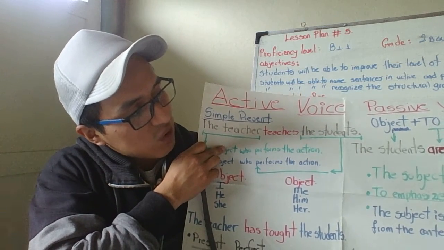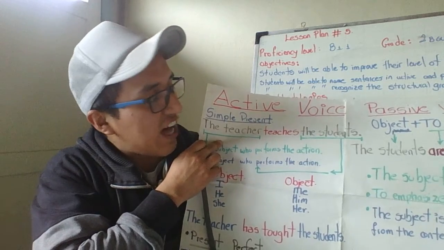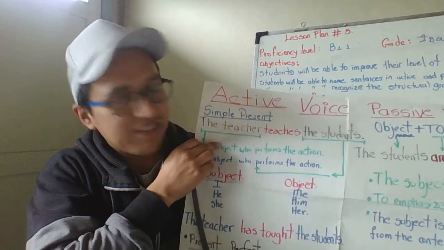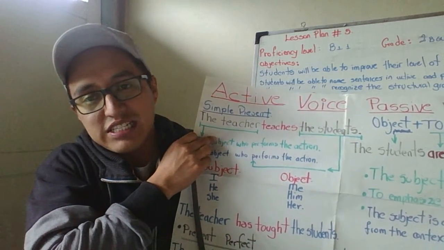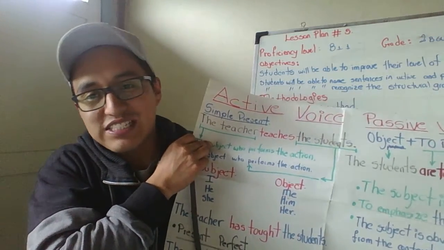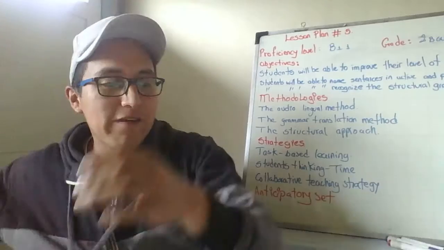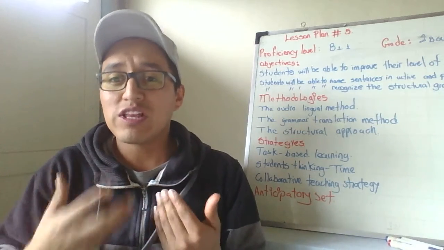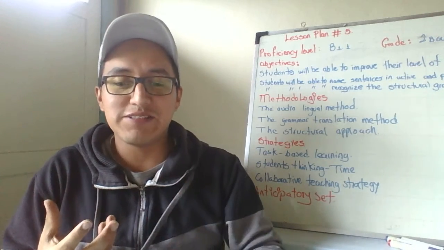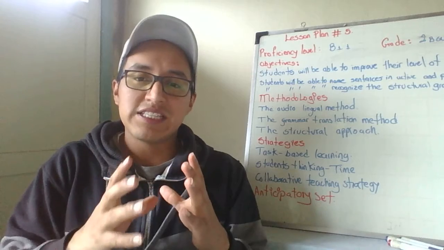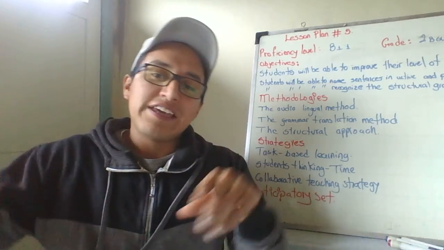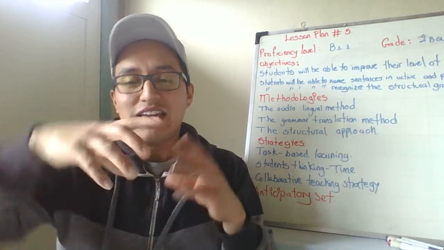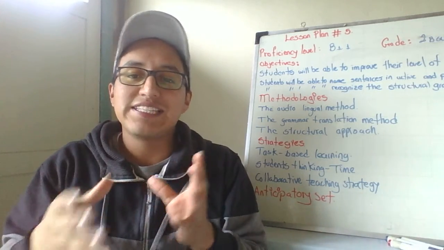In passive voice, the students are taught by the teacher. Okay, and we complete this activity explaining something like that. Now I'm gonna do another kind of activity, but before doing that, I'm gonna walk around the classroom and provide the feedback that is necessary.